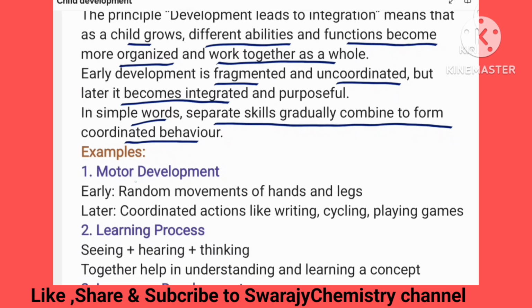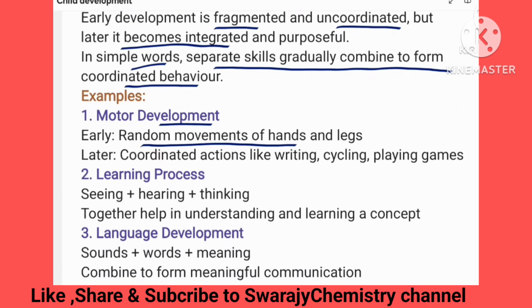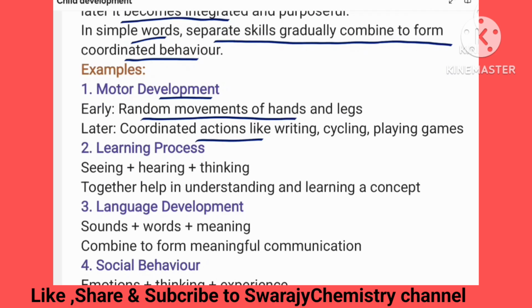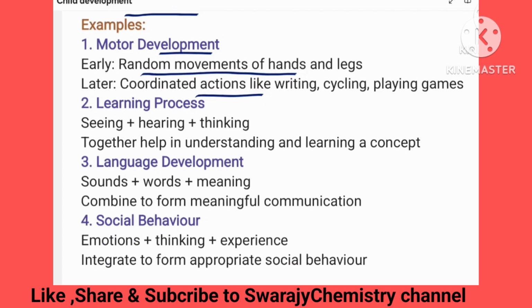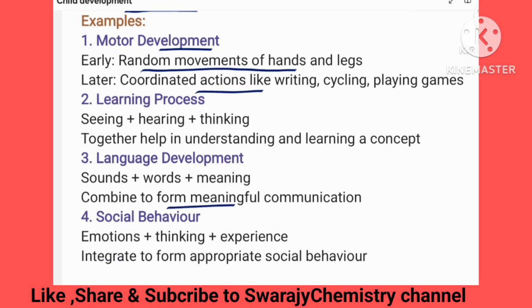If you take motor development, early on random movement of hands and legs, in a later stage coordinated actions like writing, cycling, playing games. If we take the learning process, seeing, hearing, and thinking all together help in understanding and learning a concept. In language development, sounds, words, and meaning combine to form meaningful communication.